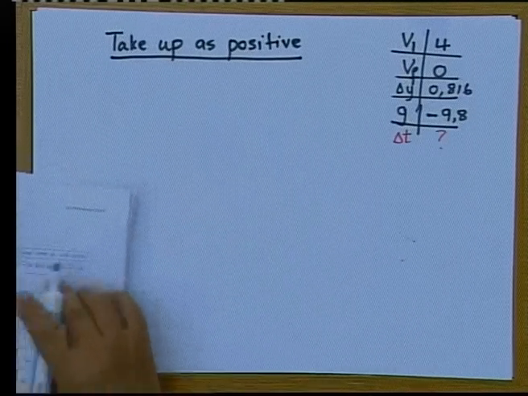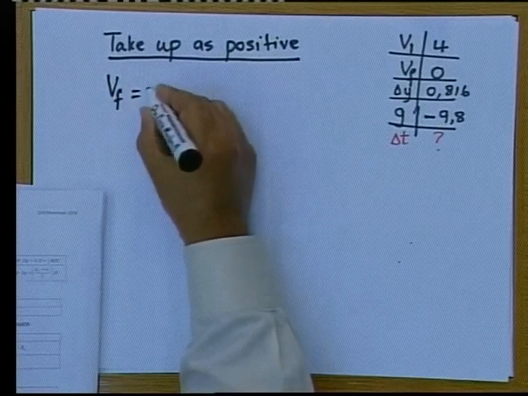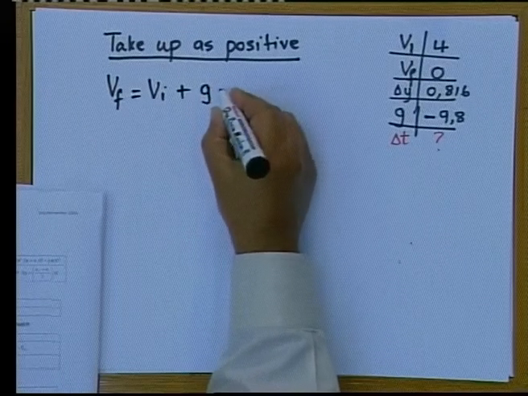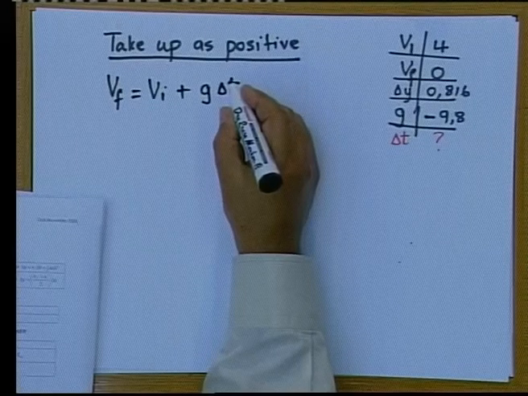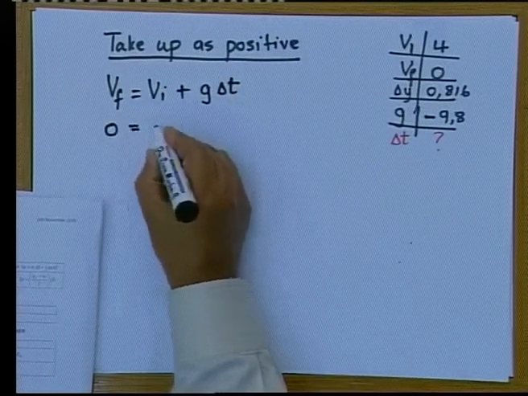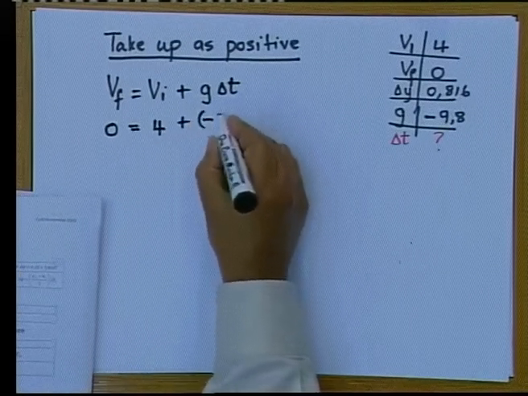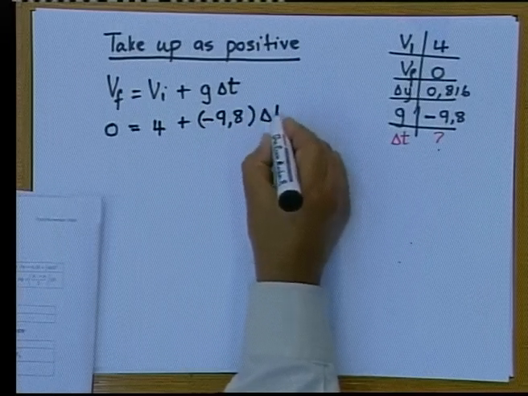I always copy it from here. I say Vf, final velocity, is equal to initial velocity plus g delta t. And in this case, I can see my final velocity was 0, my initial velocity was 4, and I plus it, and g is minus 9,8. Please note that, and I have delta t.